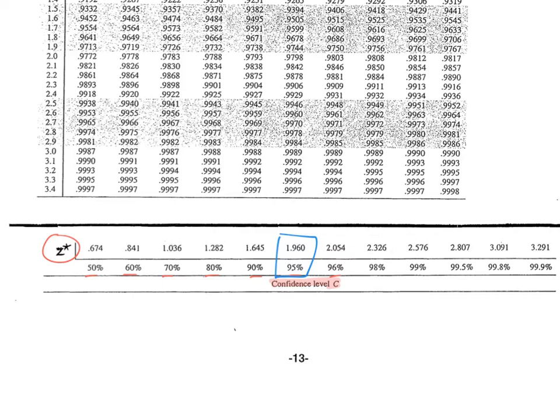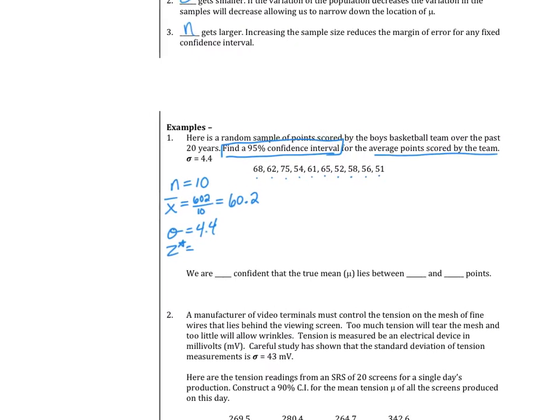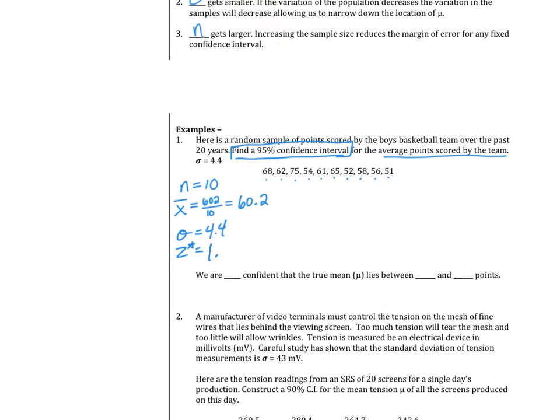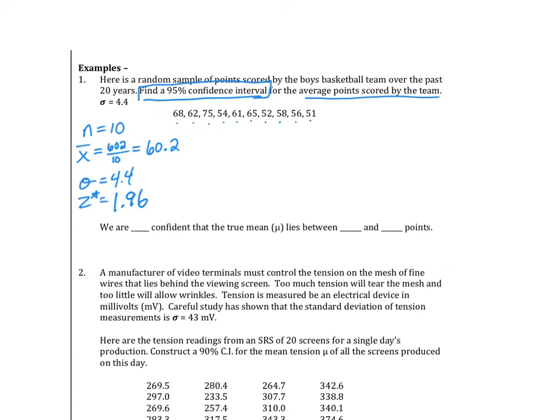That would be our z star. So z star is 1.96. So let me scroll up here. All right, so we have everything we need: the n, the x bar, the standard deviation, and then z star.